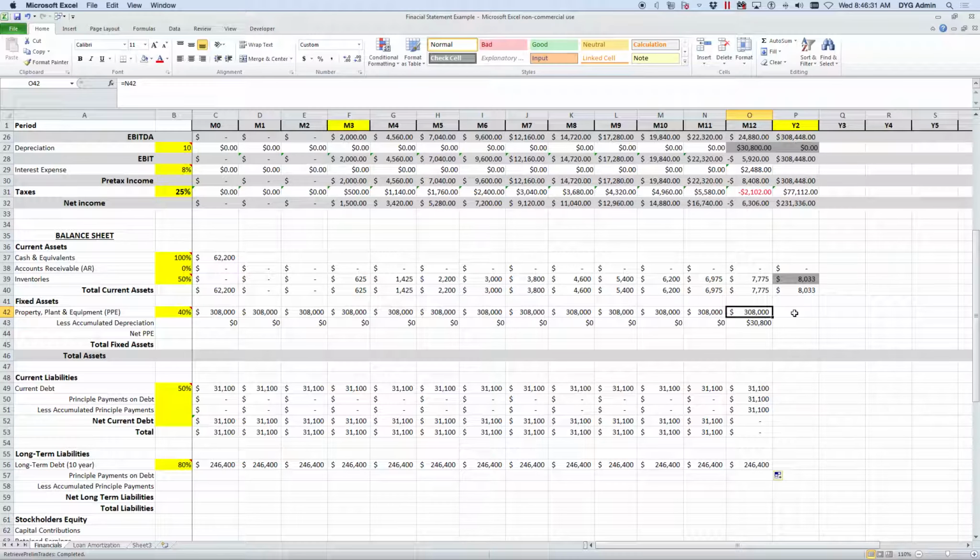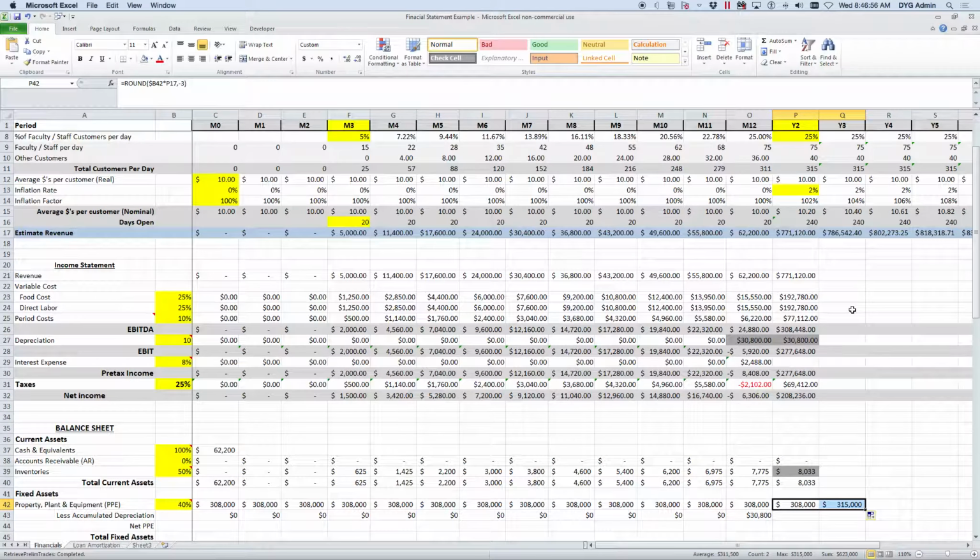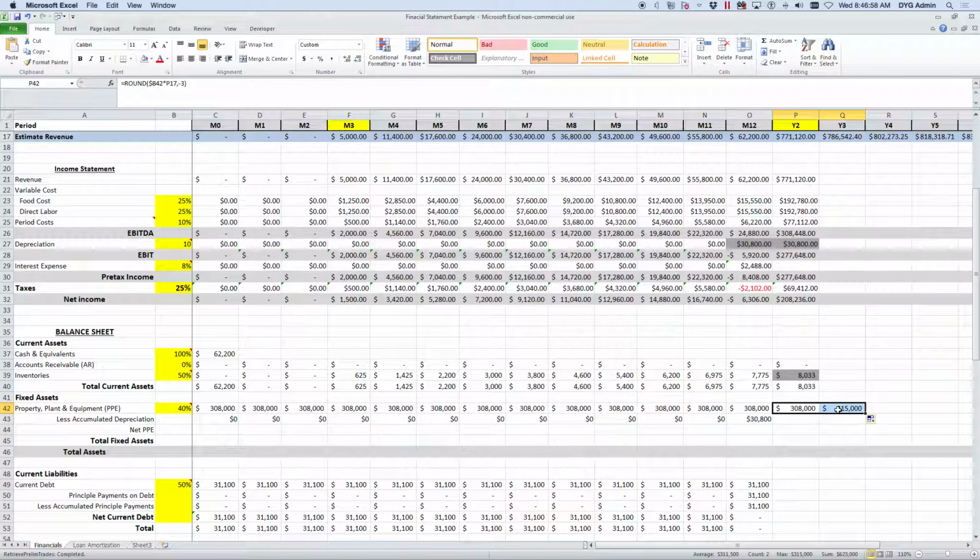Well, that's all well and good, but what we're going to do, extending out now, is just take this value and go out to year 2 and drop it in there. Now, since this was already reading off of year 2, that doesn't matter. But if we were to extend this out to, say, year 3, it's going to say, oh, you're growing a little bit, you're going to need more. And so that's sort of that notion.